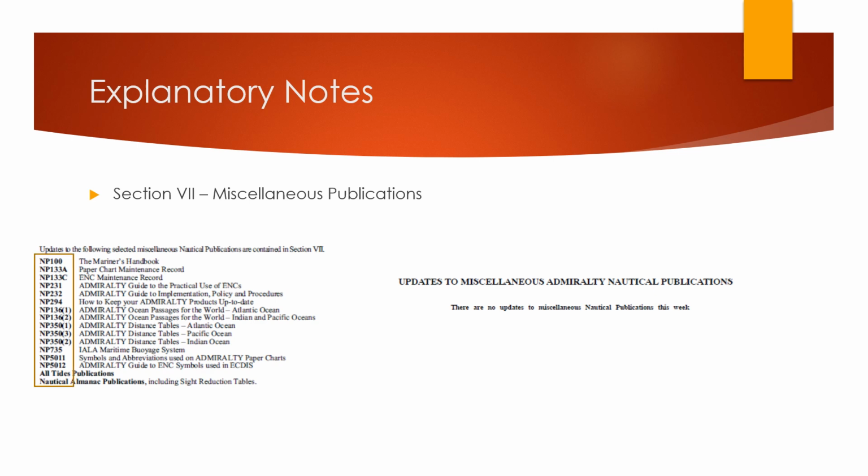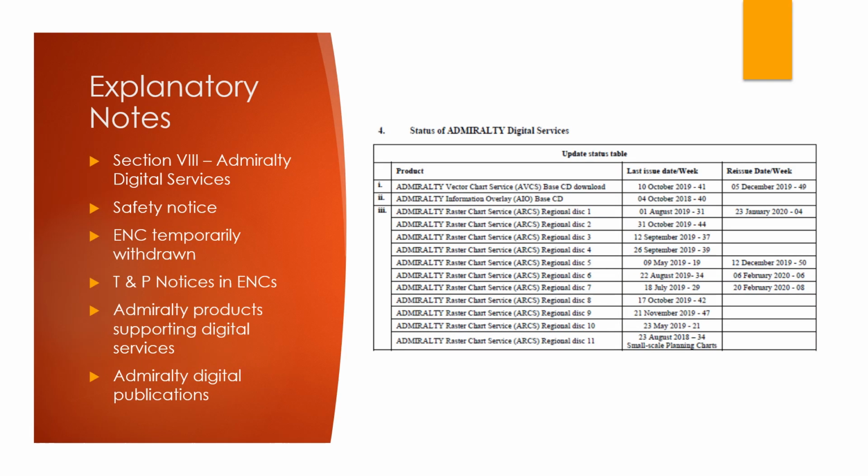And then we have section 8, which deals with the Admiralty Digital Services. In the Admiralty Digital Services, I will provide you with more details of this, but you can see that this is regarding the electronic navigation charts.